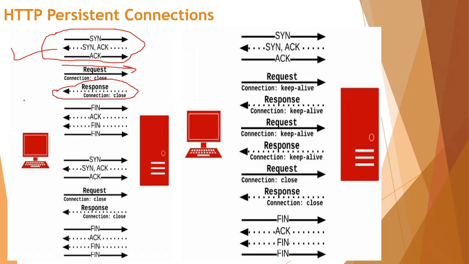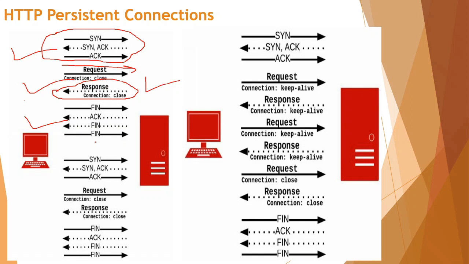After the request and response, the client reinitiates the TCP three-way handshake. So after each request and response, the client needs to reestablish the TCP connection. From a performance point of view, it is not an efficient way.